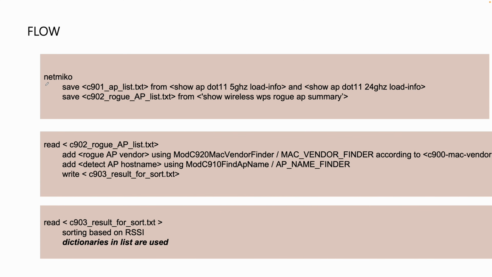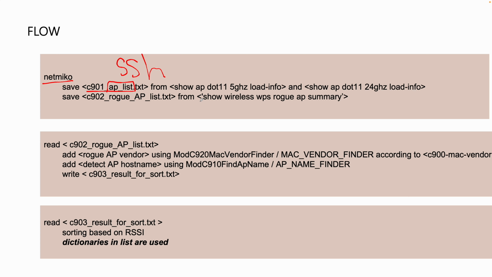Okay, I did use Netmiko. Netmiko is from Paramiko, and this is for SSH. So using Netmiko, from the show ap dot11 5ghz and 24ghz load-info command, I can make the AP list.